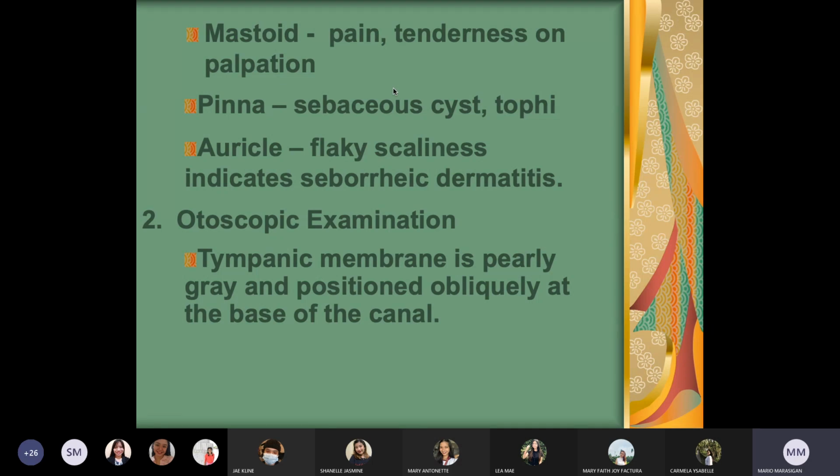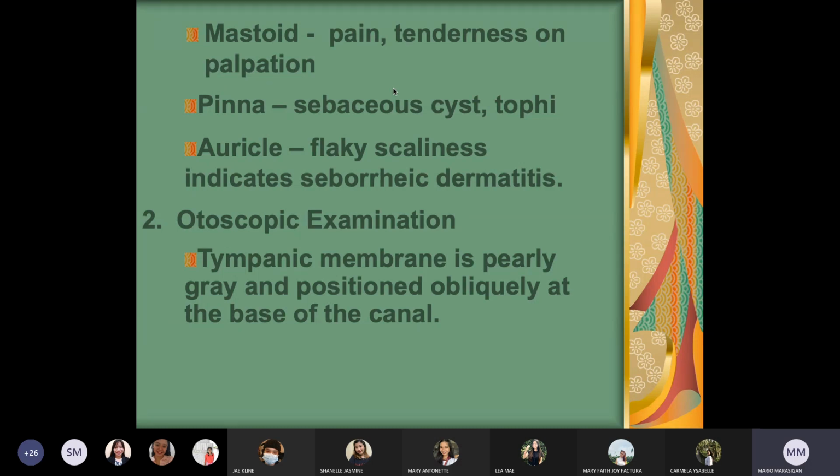Usually, it is held in the dominant hand, not specifically the right hand. If your doctor's dominant hand is the left, then it is easier for him with the left hand. Then the non-dominant hand will support the head of the patient. The normal color of your eardrum or tympanic membrane is pearly gray.